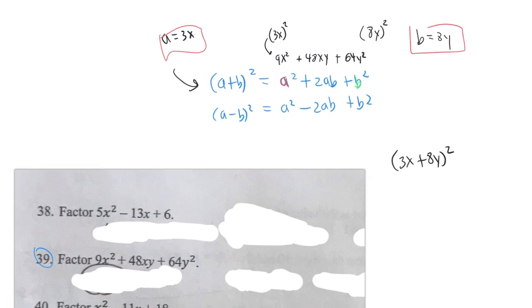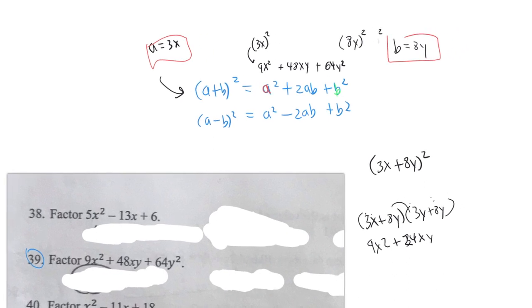If that's not comfortable, you could always check by foiling this. First times first is 9x squared. Outer times outer is 3x times 8y, which is going to be 24xy. Similar with the inside, that's going to be plus 24xy.